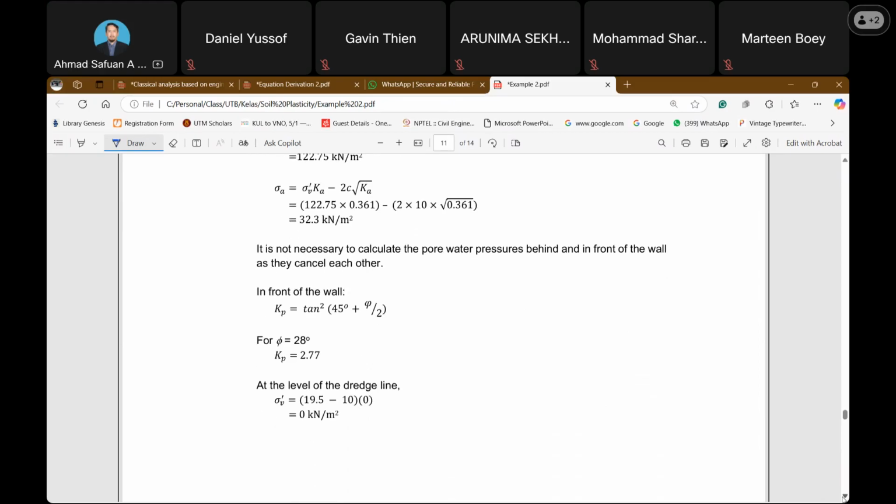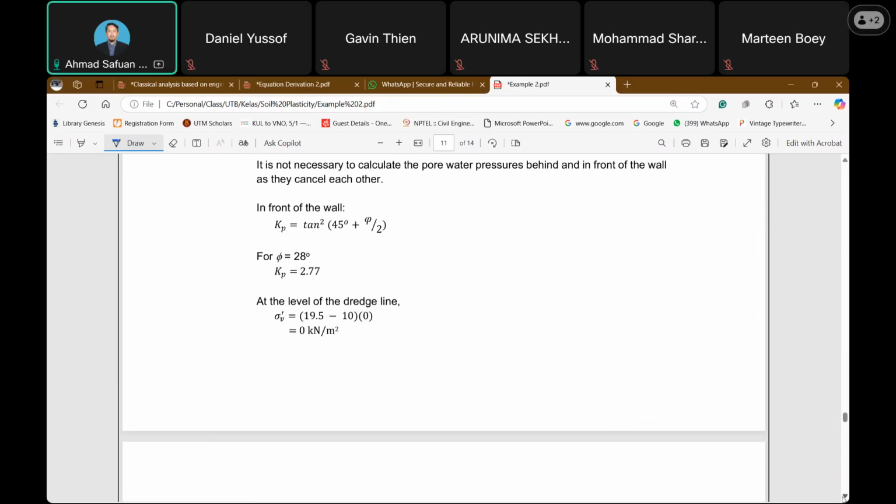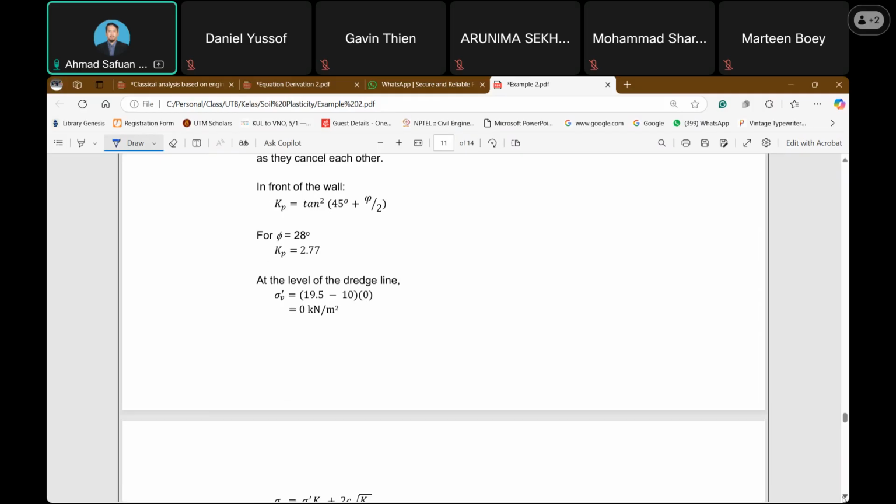So in front of the wall, Kp is equal to tan squared of 45 plus phi over 2. So then we obtain Kp 2.77. So at the level of the dash line, we do not consider the pore water pressure, so then sigma V is equal to 0.